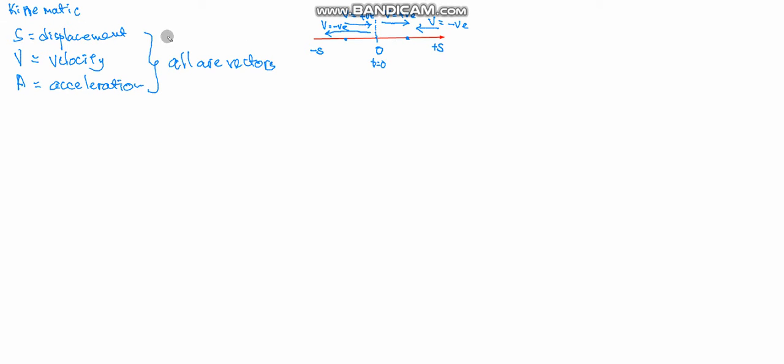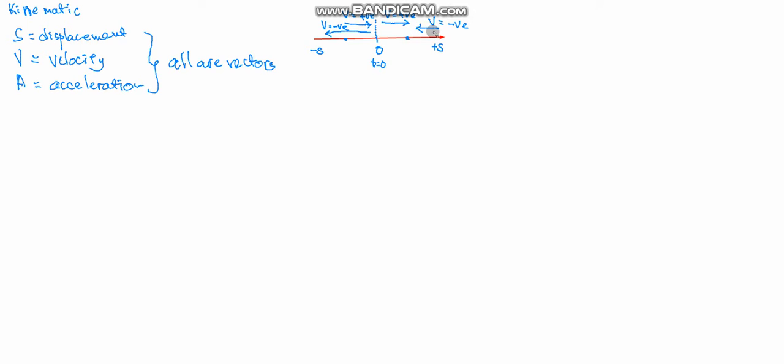Now velocity. If its velocity is moving in this direction, it will be positive. Even though an object is at the place where the displacement is negative, let's say that the object is at this negative position, if we travel in this direction, it's still considered positive.